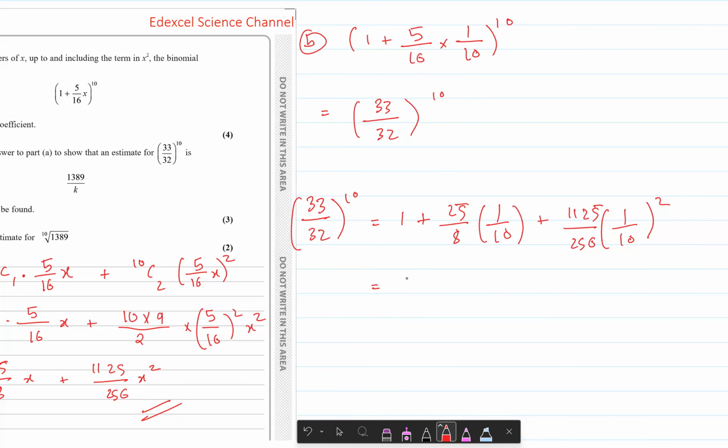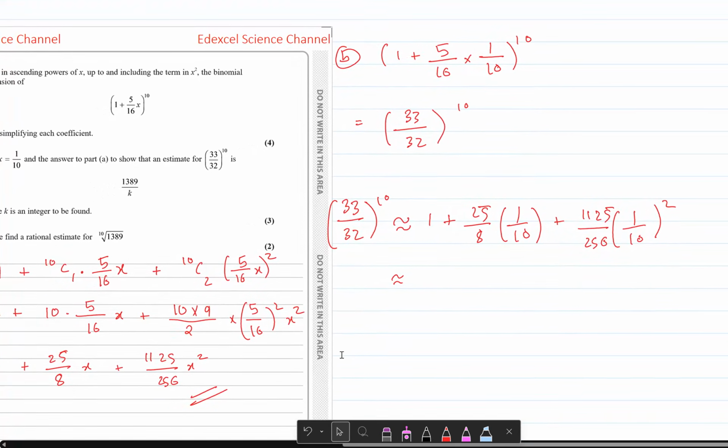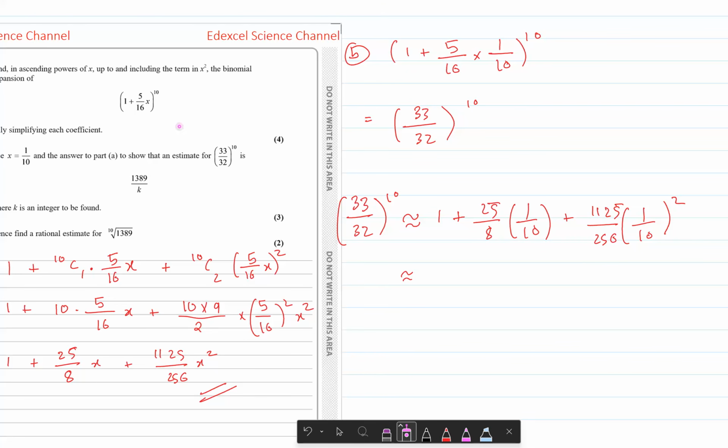Okay, again, just plug all of this. Actually, over here, you have to do an approximation sign. The reason being is that theoretically, if you have to expand this, you will get 11 terms. But over here, we have only found 3 terms. That means that if I were to consider this as the binomial expansion of 33 over 32 to the power 10, I am only using 3 terms.